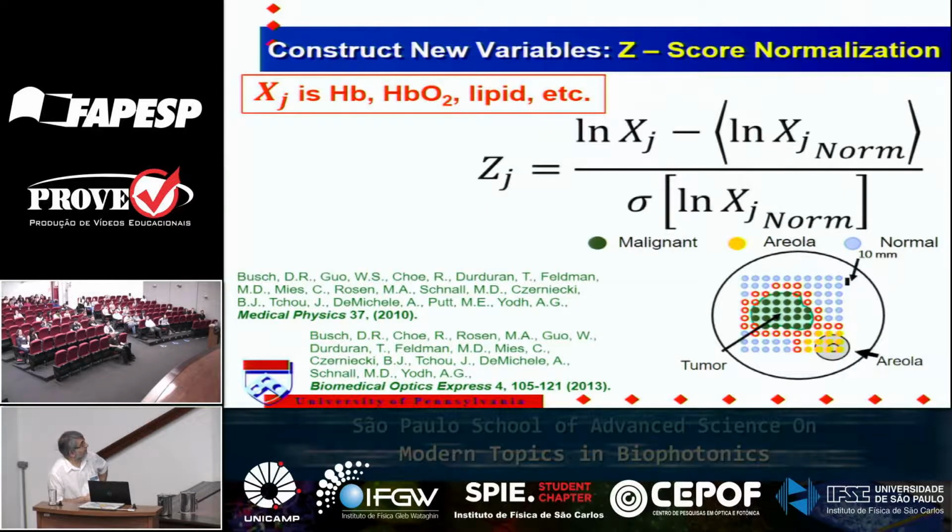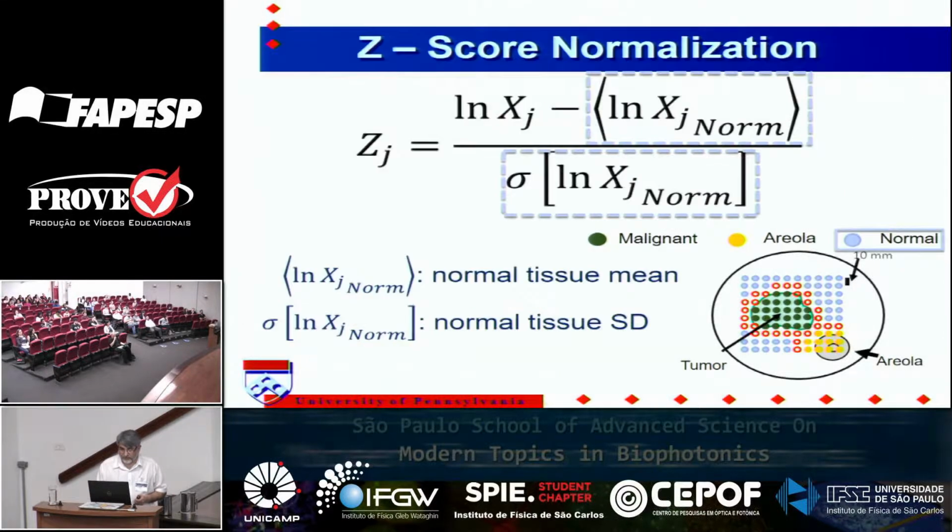Basically, you can see that I'm comparing the value at a given volume element to an average value of the normal tissues, divided by the standard deviation of the normal tissues. Just to reiterate, there's normal tissue, I know that it's normal, I make measurements, and I determine, say, oxyhemoglobin in each of those.